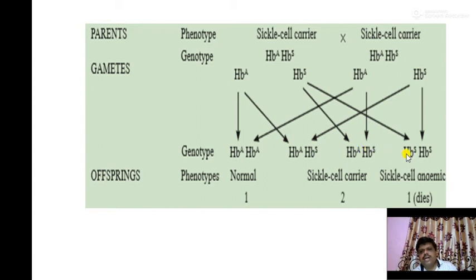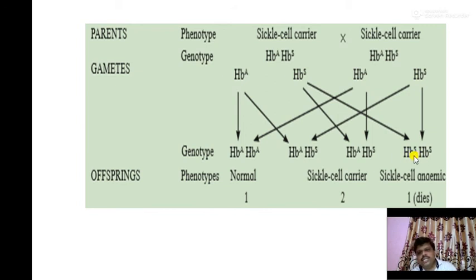Now the last combination is when this gamete fuses with this gamete of the male, that is HBS and HBS. They will produce an offspring with HBS and HBS. Now both genes are responsible for sickle cell anemia. Both genes are HBS.